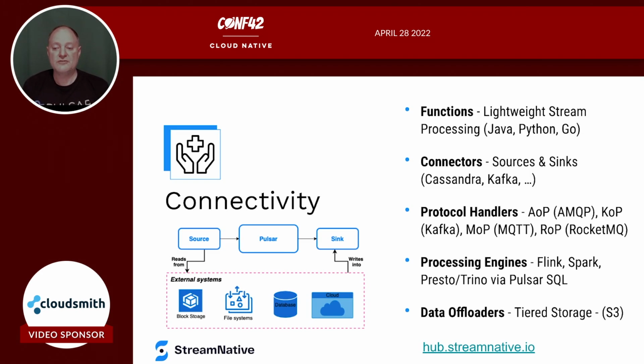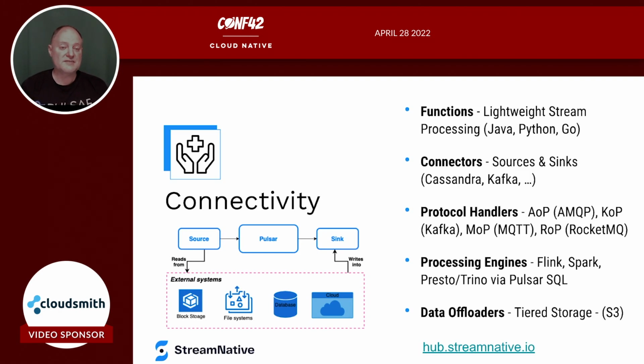That's a great feature. The protocol handler support is important because this lets us not just do the Pulsar libraries. I could use existing libraries for ActiveMQ, for RabbitMQ, for Kafka, for MQTT. This makes it very easy to not have to change code. Lets you support unified messaging.